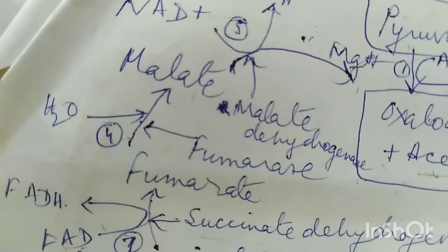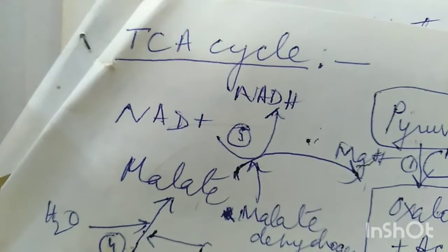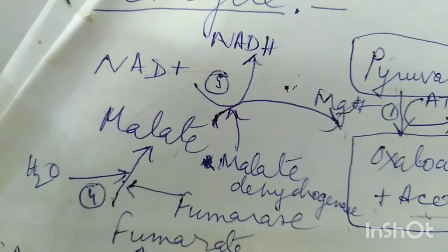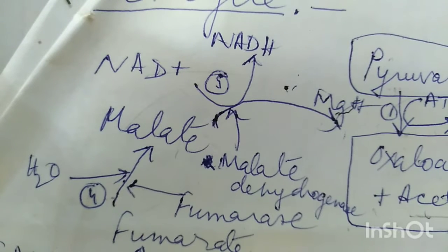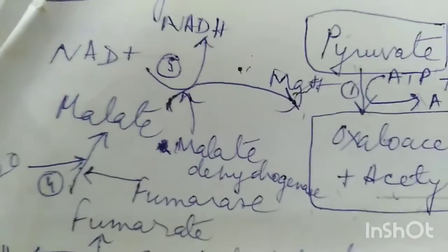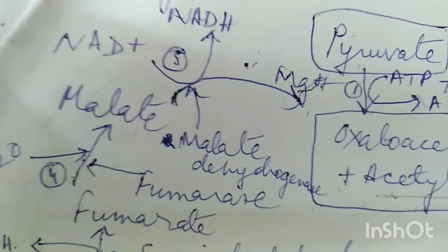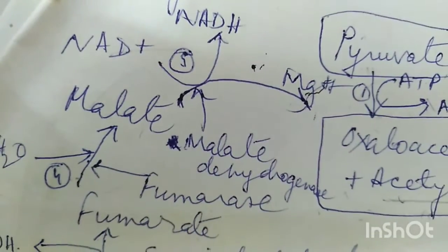This is then acted upon by malate dehydrogenase, and here NAD gives NADH, to give oxaloacetate.